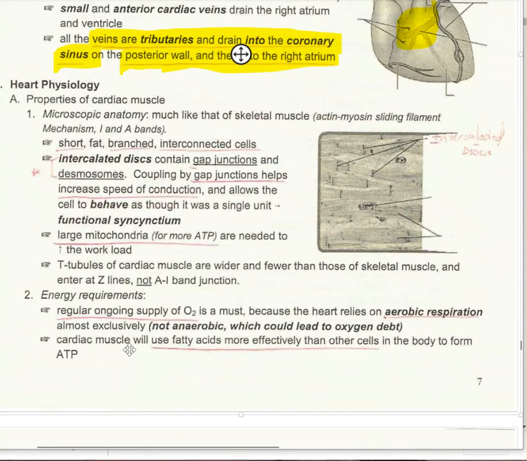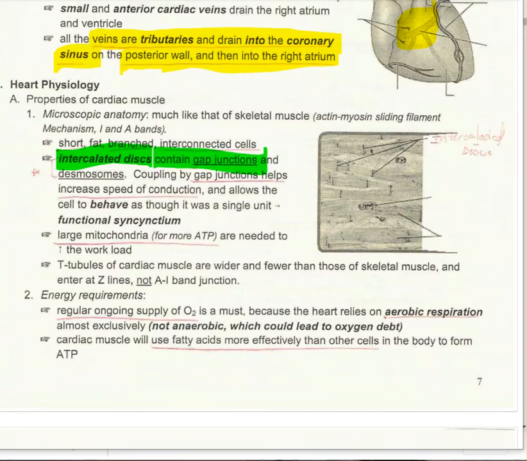They use actin and myosin, the sliding filament mechanism, to contract and shorten. However, they're shorter, more branched, and interconnected with intercalated discs. And intercalated discs have gap junctions and desmosomes.